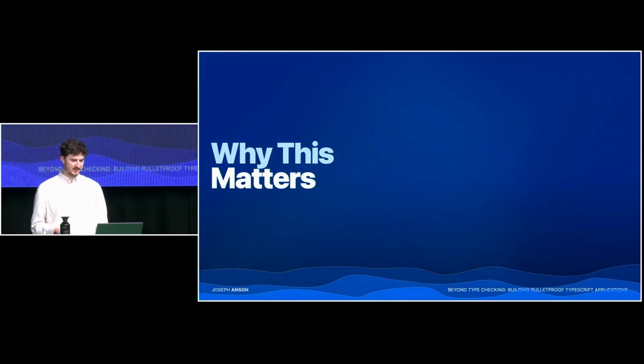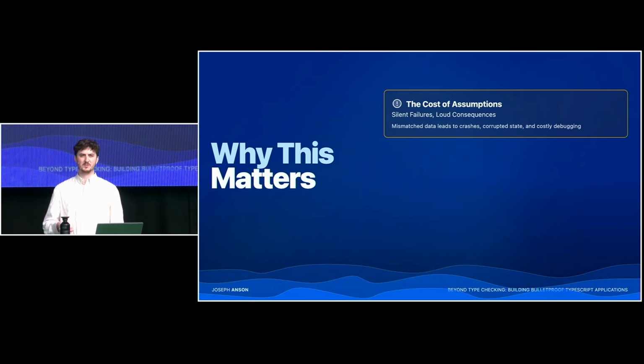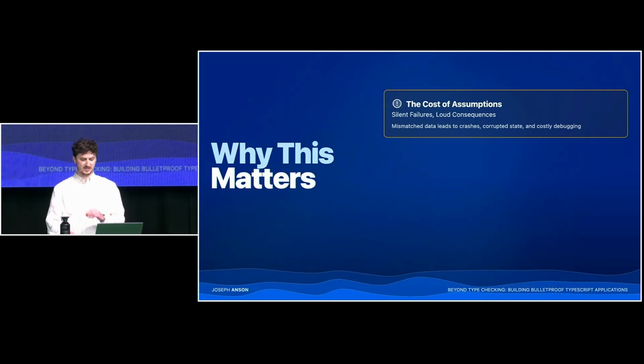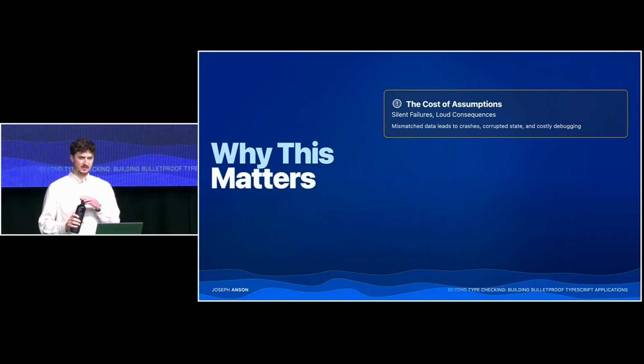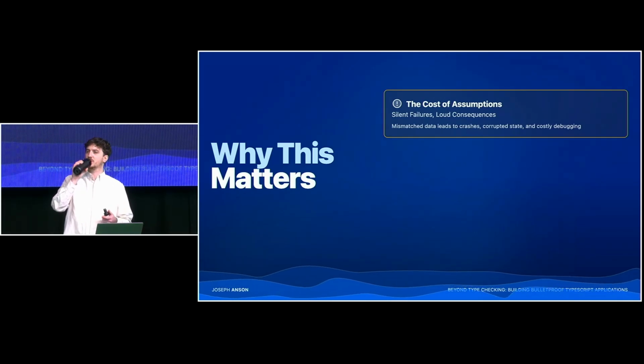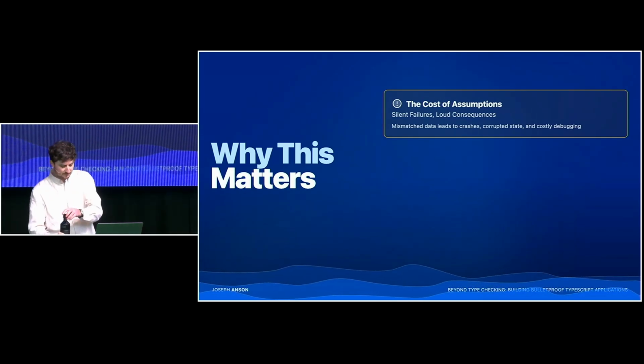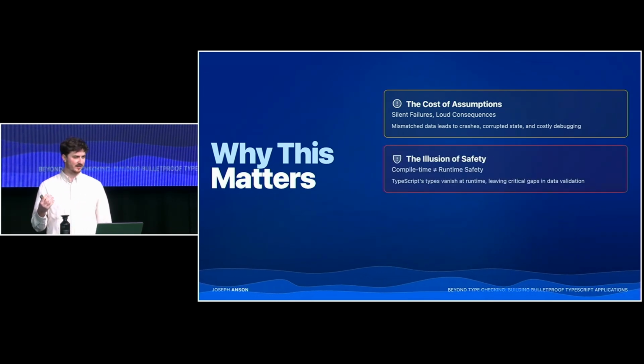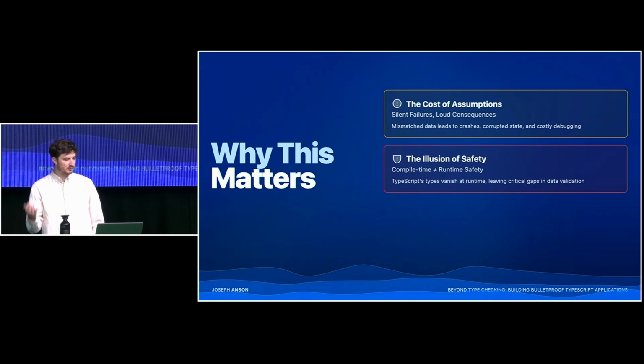So why does this matter? Well, the cost of assumptions can be very costly, and mismatched data can often lead to crashes and corrupted state within our application, and debugging becomes incredibly difficult. We end up with this illusion of safety, where compile time safety doesn't equal runtime safety.